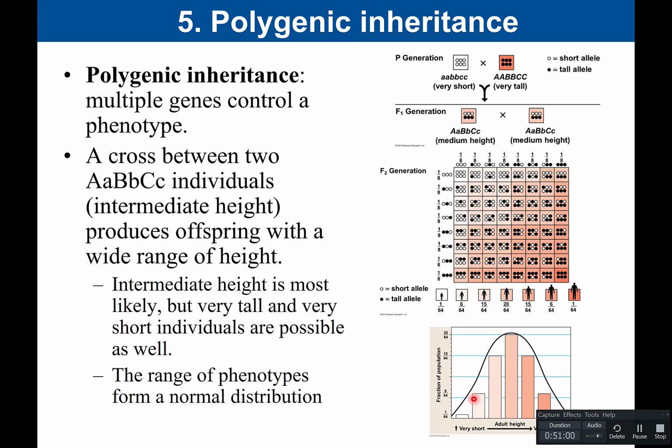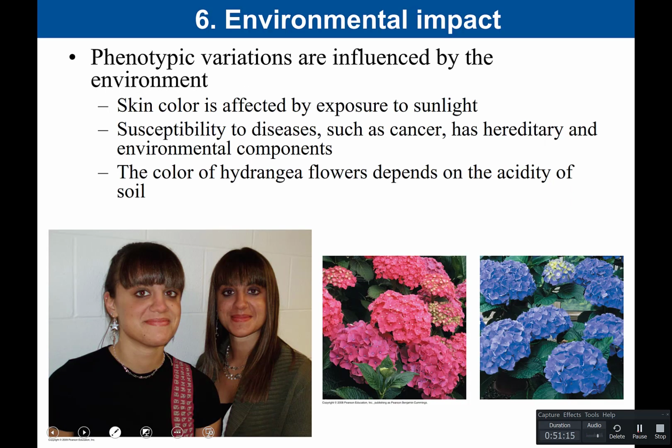It just so happened the one with fair skin inherited more of the fair skin alleles, simply by chance. You don't expect that to happen very often, but it can happen. It is a possibility. And so that is polygenic inheritance.